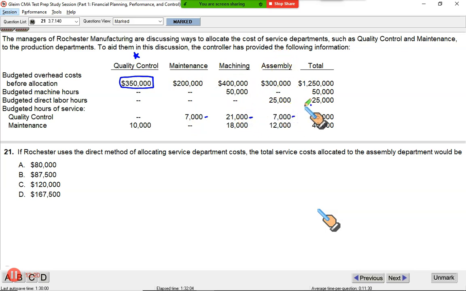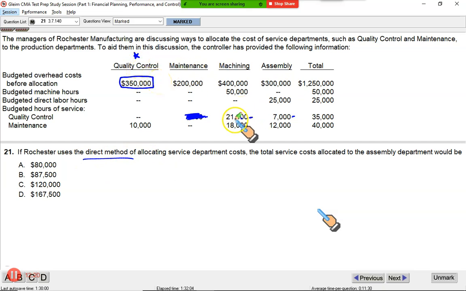But under the direct method, we only consider that the service department cost will directly go to machining and assembly. We will ignore the 7,000, because in direct method, we only consider that the service departments only serve the production department. Service departments do not serve each other.